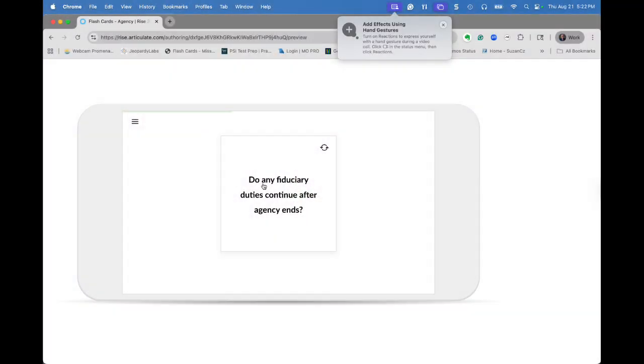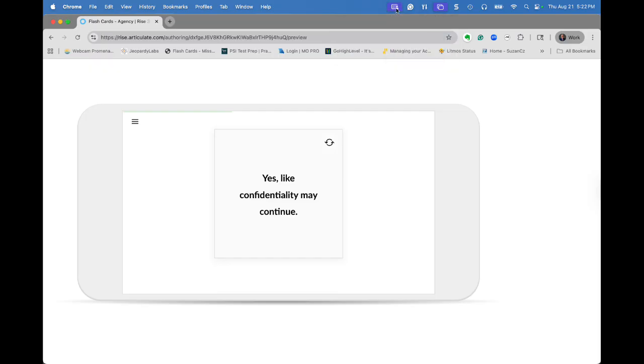And so when we go back to this question, do any fiduciary duties continue after the agency ends? Yes. Confidentiality may continue.